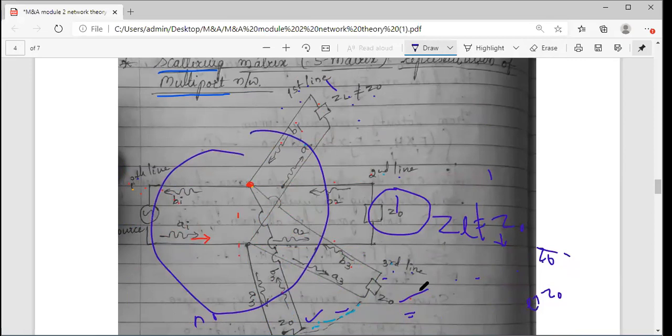Second time, all other remaining lines will be Z0, but this time for the second combination I will choose ZL value not equal to Z0.